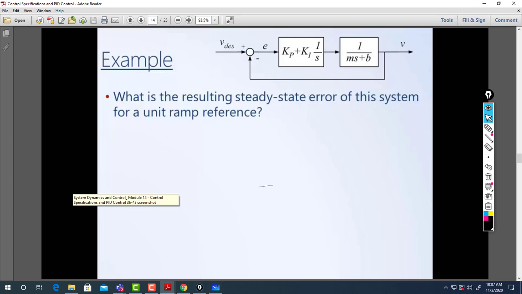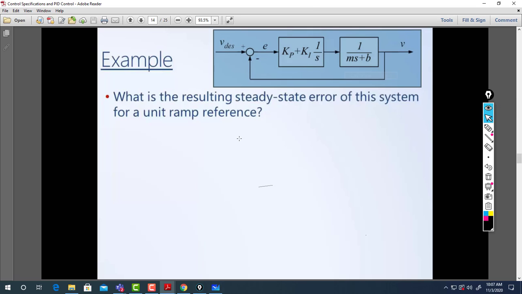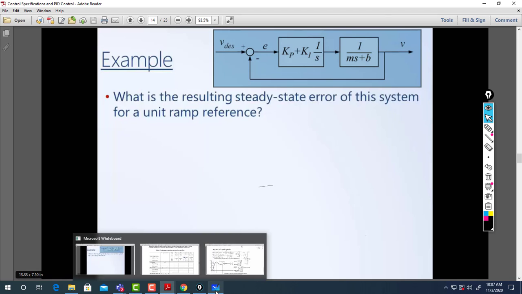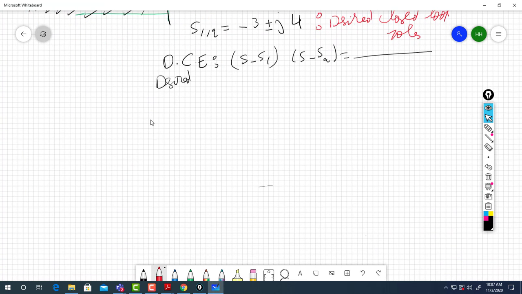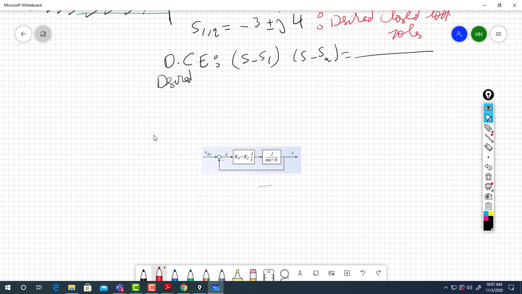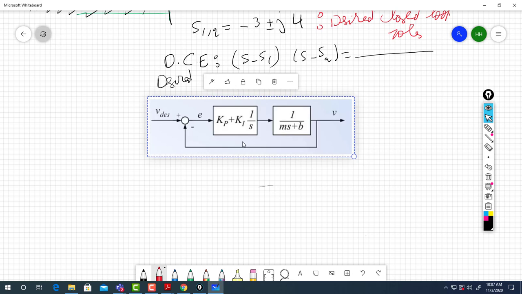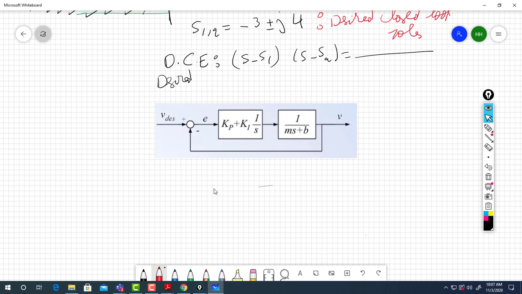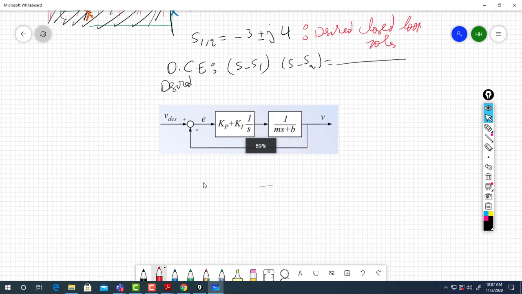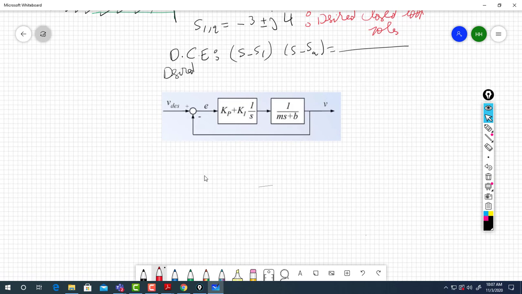What is the resulting steady state error of this system for a unit ramp reference? Okay, so here they're asking about the steady state error for this system. So now you find Kp and Ki that satisfy your requirement.